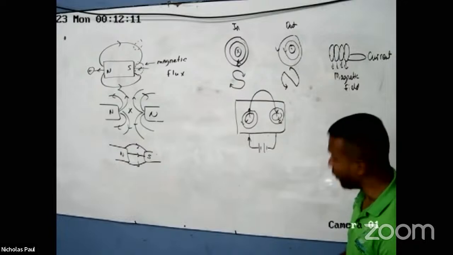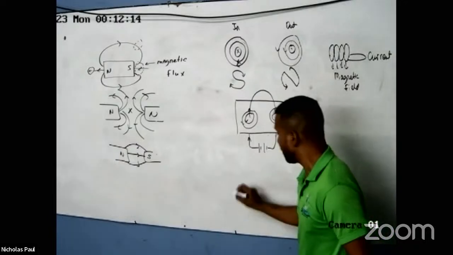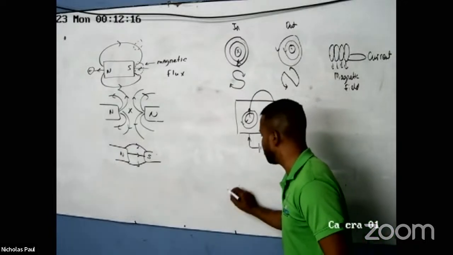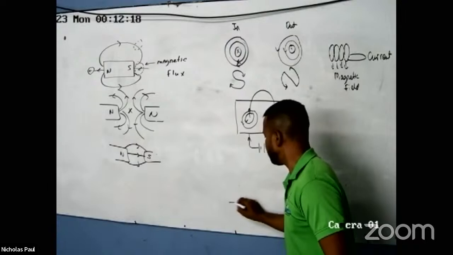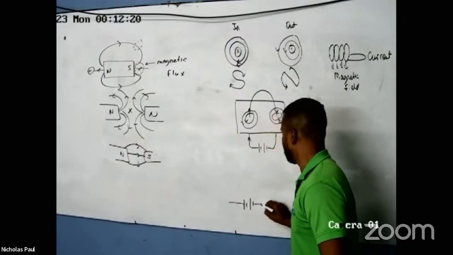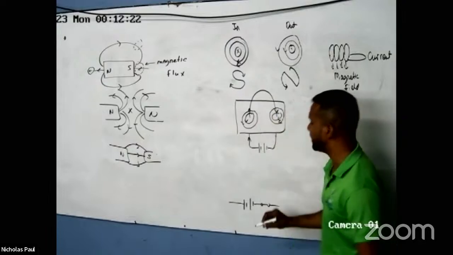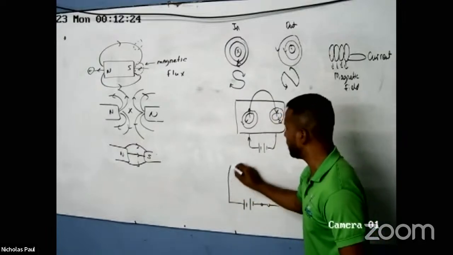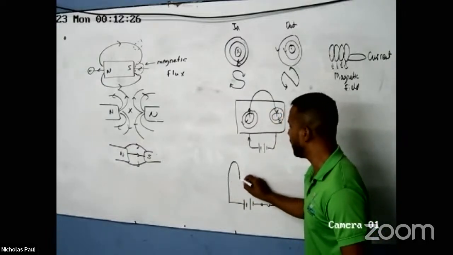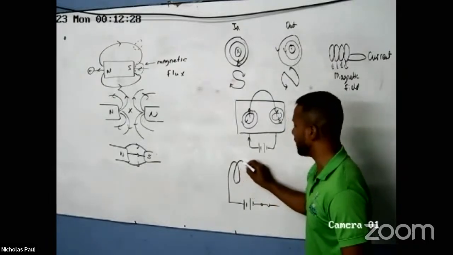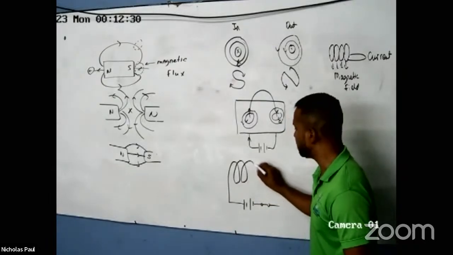Next one is if you have a solenoid. A solenoid simply means a few of these coils. So you have current going in at the top, coming out at the bottom. In at the top, you'll see that?